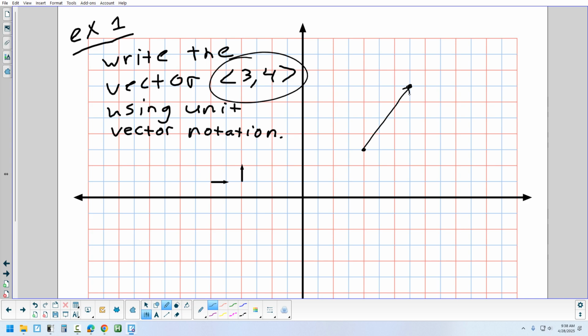Now, I want to see if I can build that out of i's and j's. I'm going to stack them together. Let's start with the i's. If I want to get from this point to that point, how many of these i's would I need to stack together? I need 3 of them. So I'm going to make 3 copies.